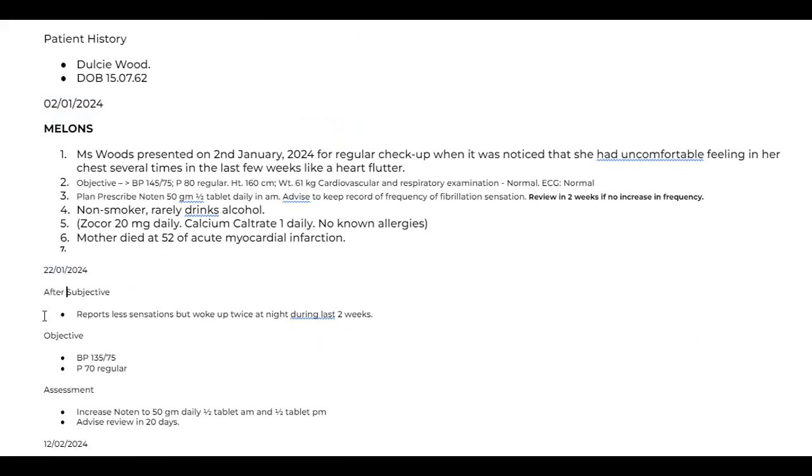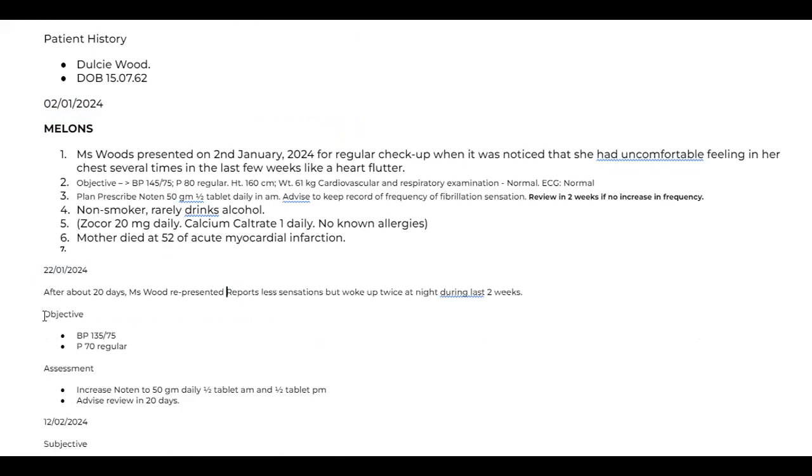After about 20 days, Ms. Woods re-presented, reporting less sensations but woke up twice at night during the last 2 weeks.